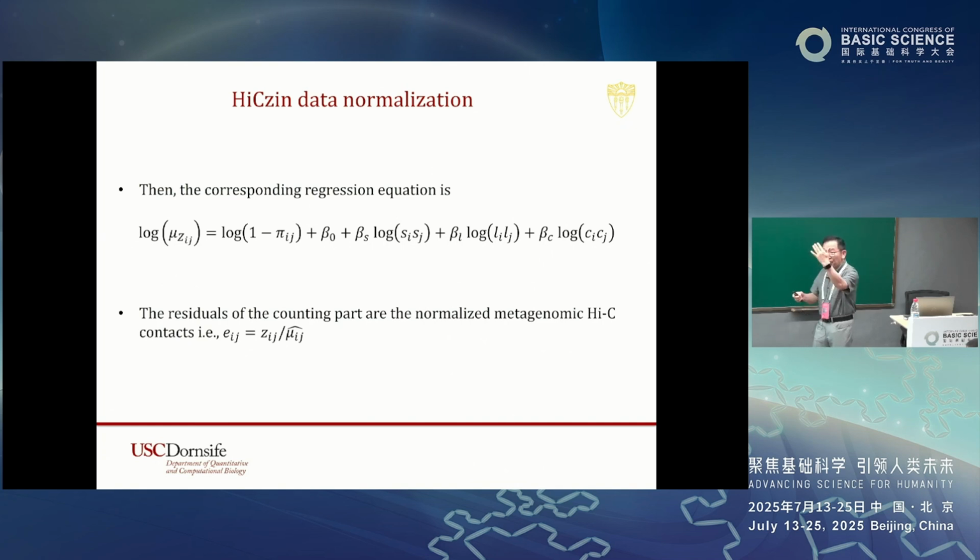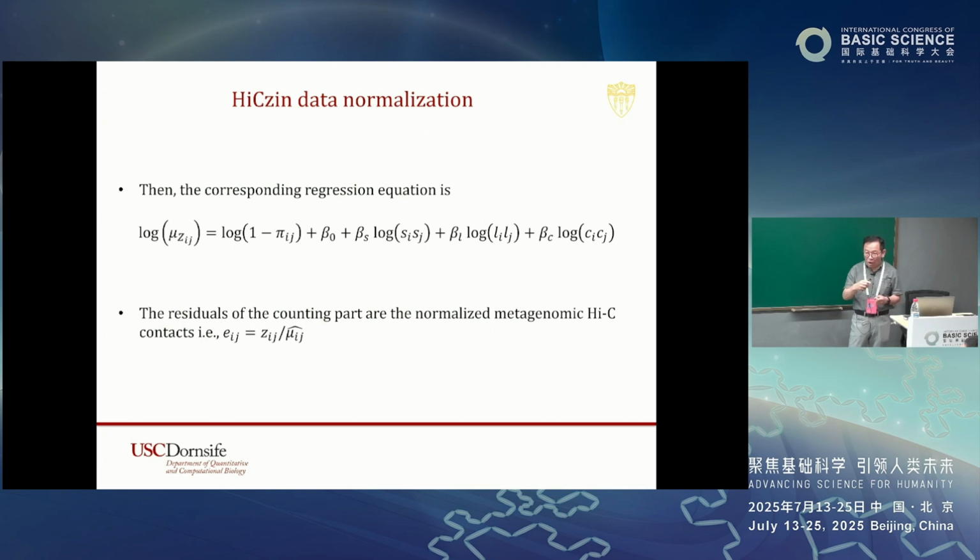And then we remove them. How do we remove them? We divide and rescale them: Eij is equal to the observed count divided by the expected count. And this is similar to other types of normalization methods.